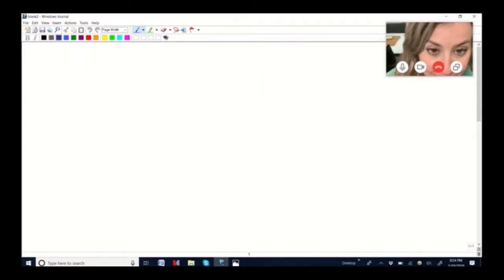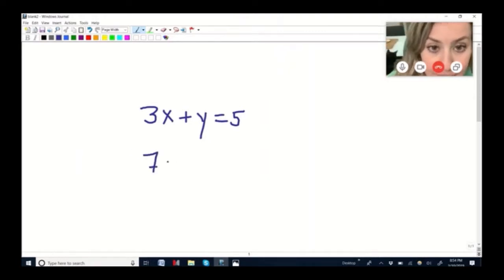For example, they might give you 3x plus y equals 5. And they might also give you 7x minus y equals 15.